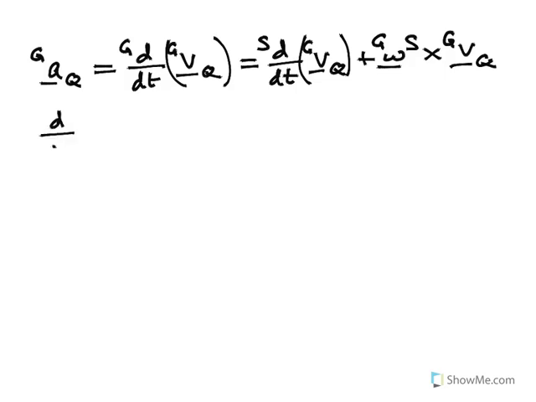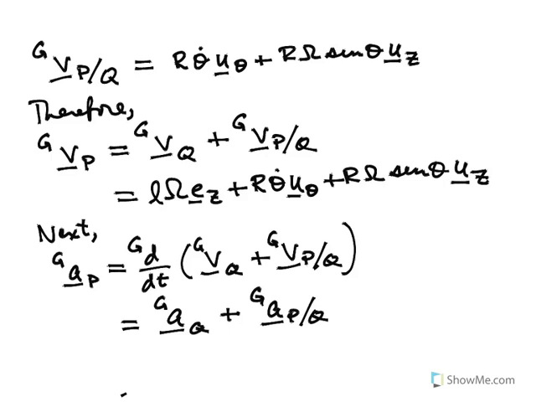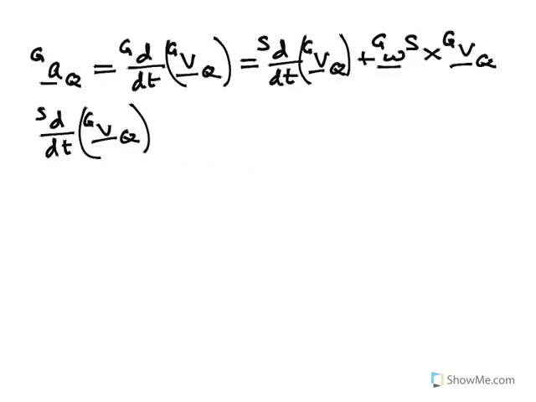So what is d dt in S of the velocity of Q in G? Well, if you go back to the velocity of Q in G, you'll see that it's equal to L omega Ez. But I didn't say that omega was constant, so this is L omega dot Ez.